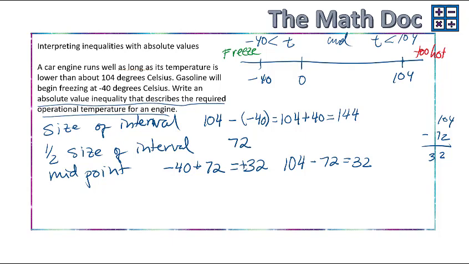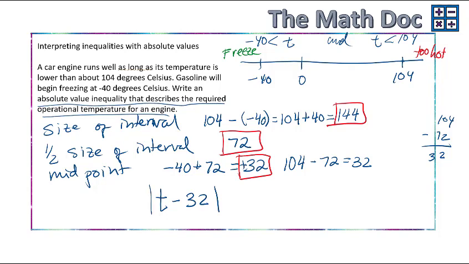Let's highlight all our results. Okay, so the midpoint is 32, and half of our interval is 72. The full interval is 144. And so if we want to write down our solution now, again, as an absolute value inequality problem, we have T minus our midpoint, which is 32, in absolute value, is less than half of our interval, which is just 72.